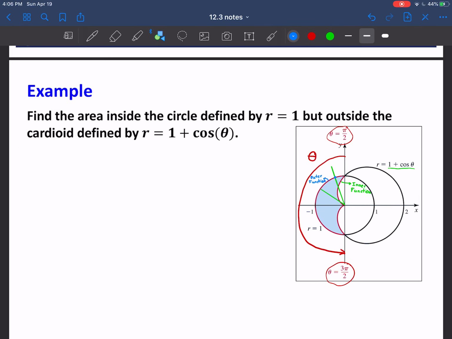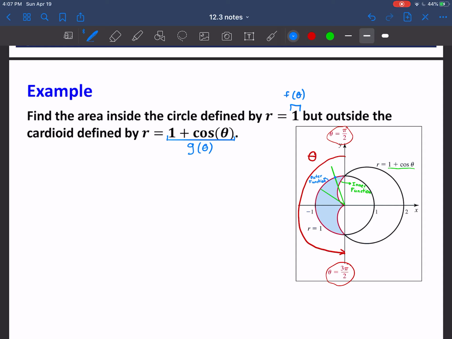So therefore, the cardioid is my g of theta, and this 1, the circle, is my f of theta. It is the outer function.